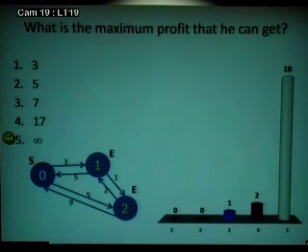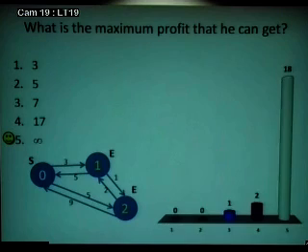So if you have a graph with no negative cycle like this, it's good for shortest path. But here you don't have a negative cycle, but you can have a positive cycle, right? And the question is maximum profit. So last week I already told this, right?